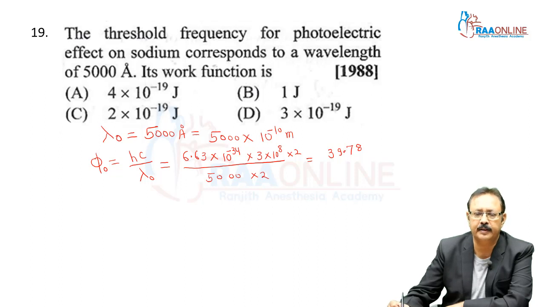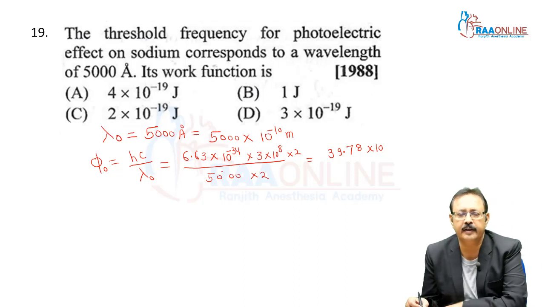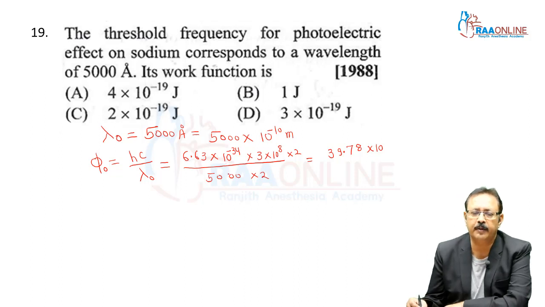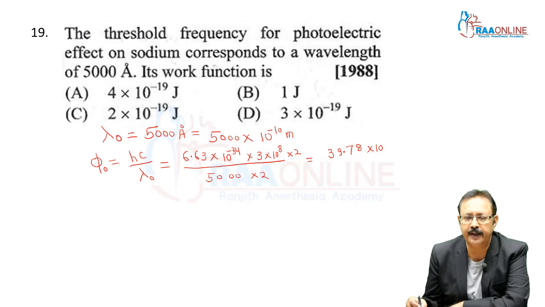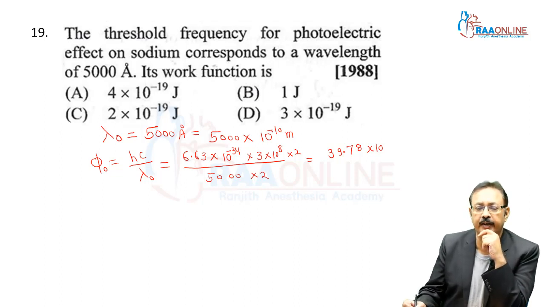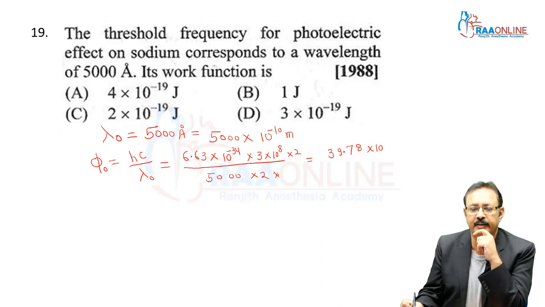Decimal after 2 please. What is the power of 10? In denominator it will become 10,000. Means 4 zeros. When you take them in numerator, you will get minus 4. So minus 34 and plus 8. Now lambda, we forget this 10 to the power minus 10. It is also in denominator, minus 10. So in denominator, 10 to the power minus 10 and 4.